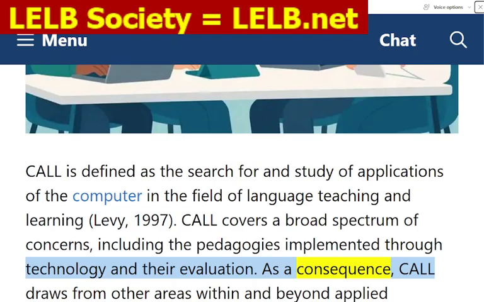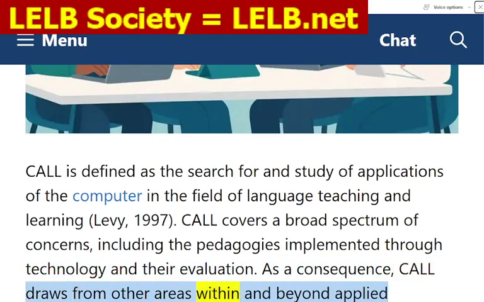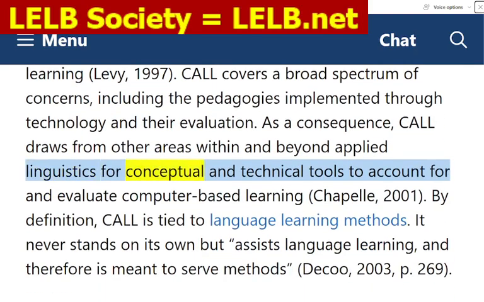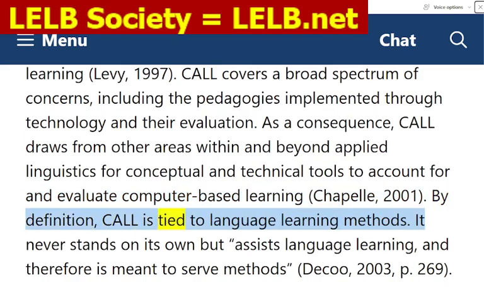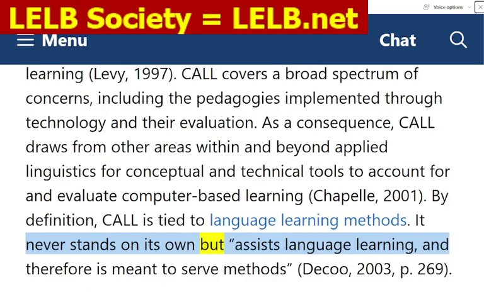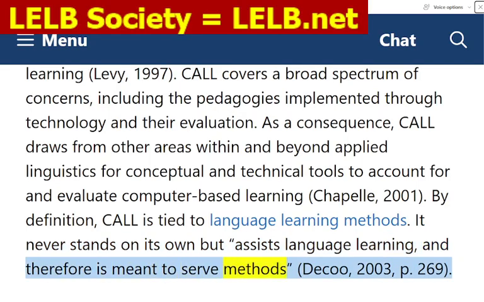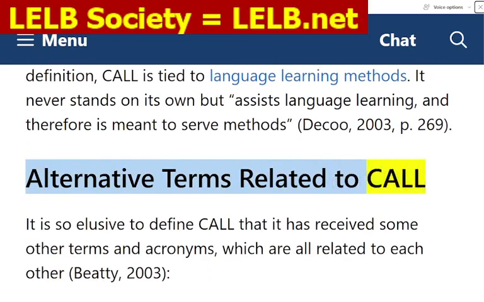As a consequence, CALL draws from other areas within and beyond applied linguistics for conceptual and technical tools to account for and evaluate computer-based learning, Chappell, 2001. By definition, CALL is tied to language learning methods. It never stands on its own but assists language learning, and therefore is meant to serve methods. Dicke, 2003, page 269.